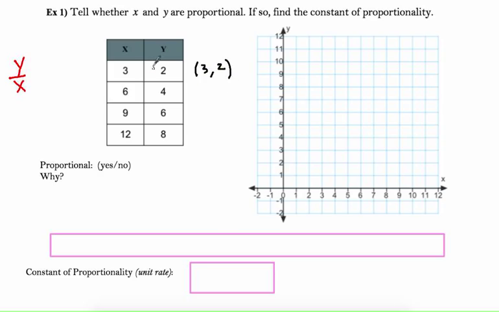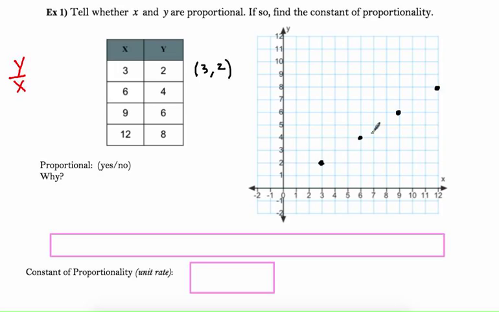So you're going to have to start by graphing all these points onto this graph. (3, 2), x is 3, y is 2, would be here. (6, 4), look at the 6 on the x-axis, and you're going to go up 4. Then (9, 6), x is 9, and then you go up 6. And then the last point is (12, 8).